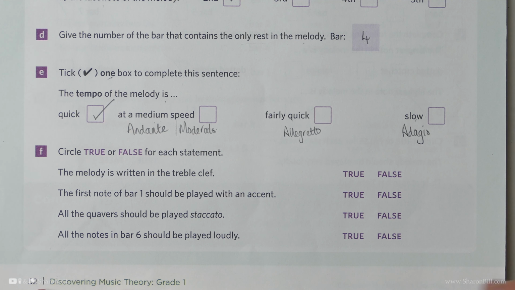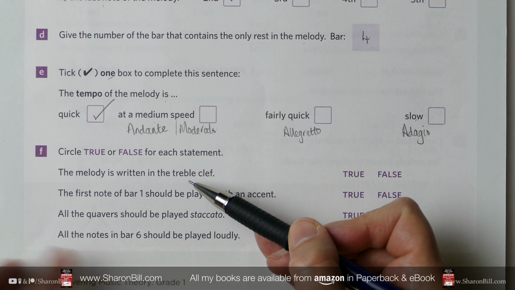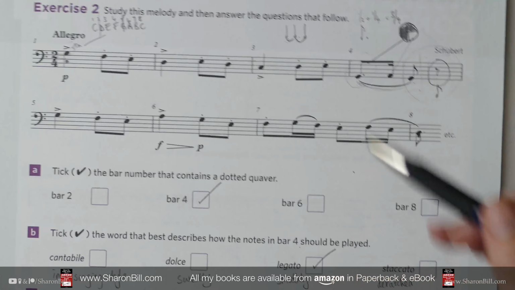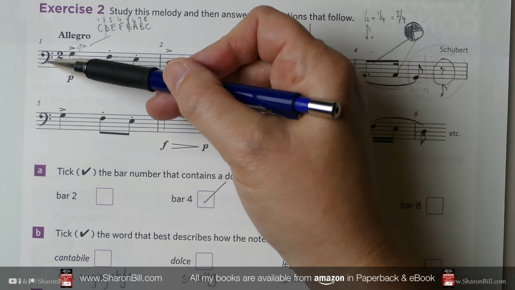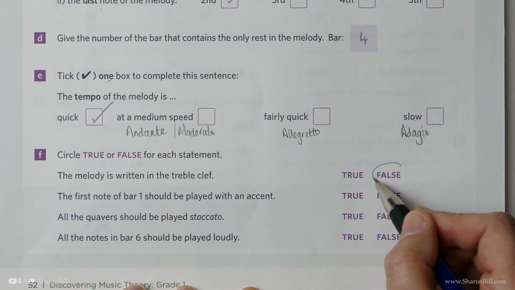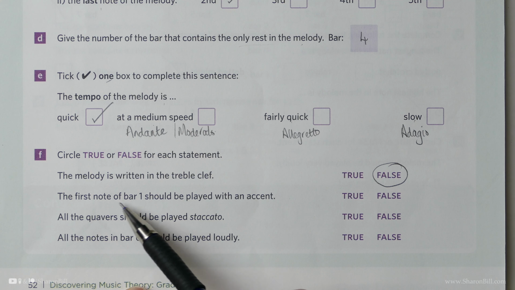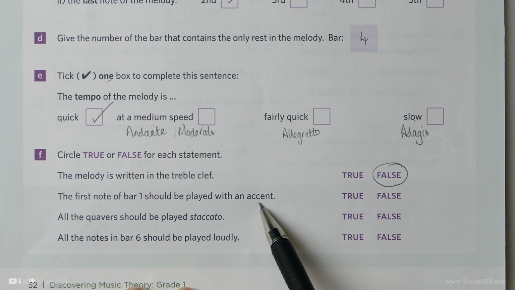So we now need to say whether each of these statements is true or false. So is it true or false that the melody is written in the treble clef? Let's have a look. Well, that's not a treble clef, that's a bass clef. So straight away we can say that's false. Is it true or false that the first note of bar 1 should be played with an accent?